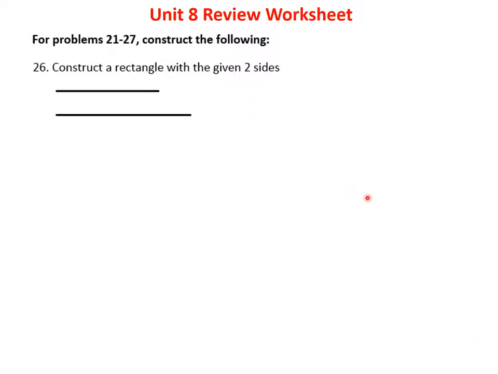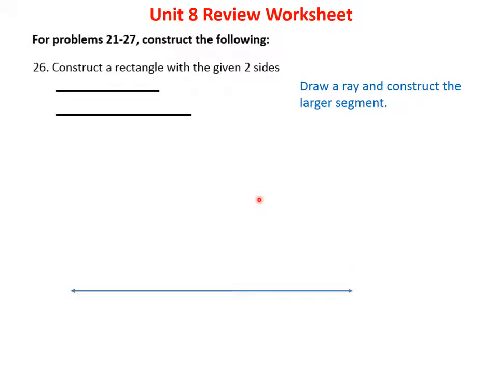In problem 26, they ask us to construct a rectangle with the two sides that are given there. They want the rectangle to have these two sides and these two sides. Just like before, we're going to start by drawing a ray and constructing the larger segment.